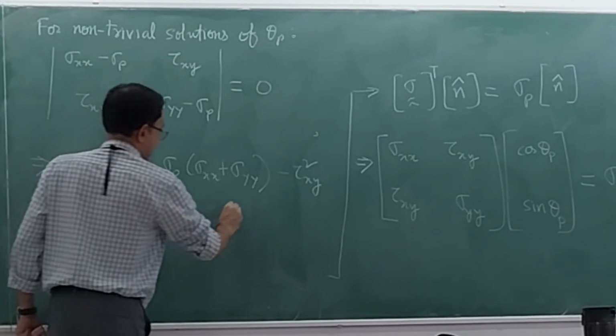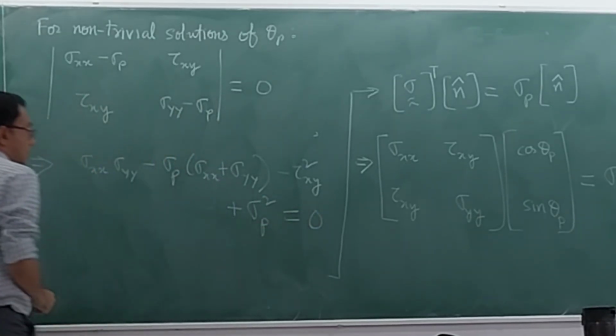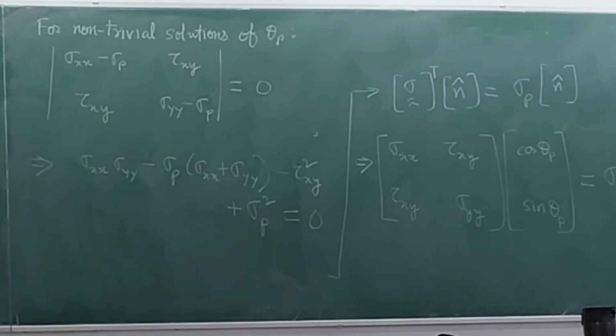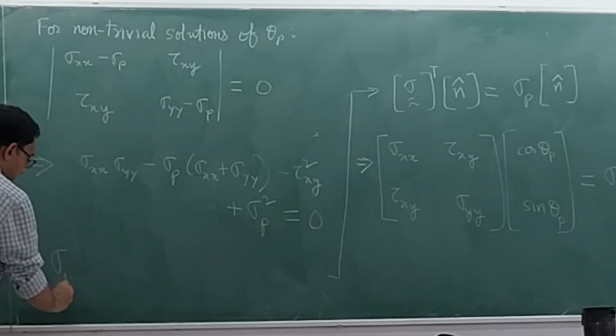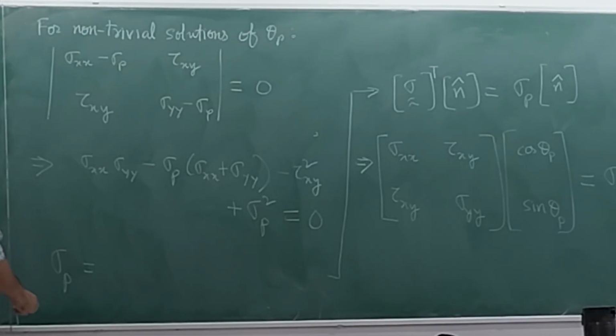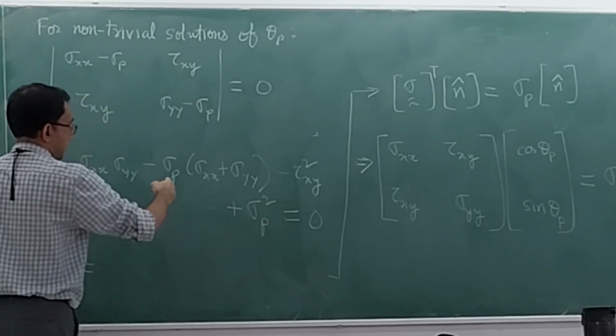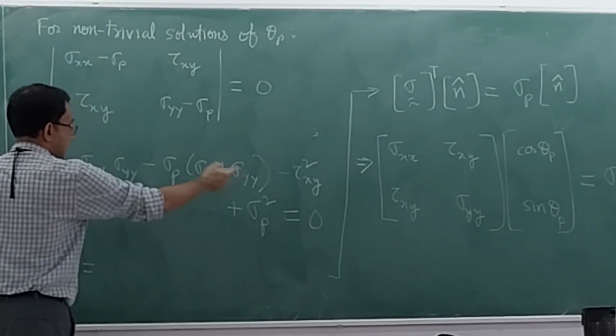Plus sigma p square. Here the unknown is sigma p. We want to find out the roots of sigma p, right? So this is in the quadratic equation form, ax square plus bx plus c.